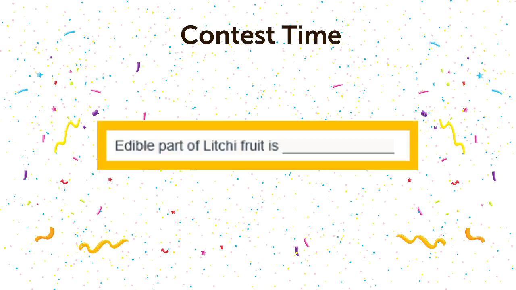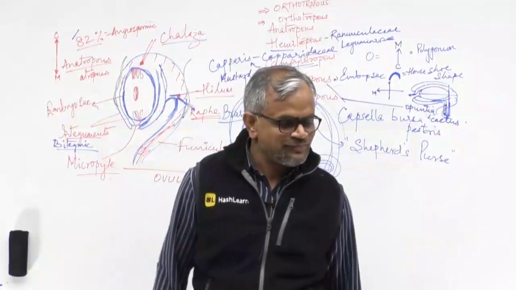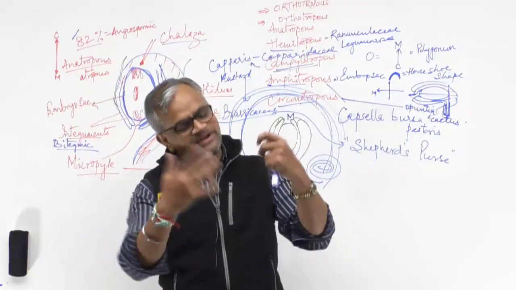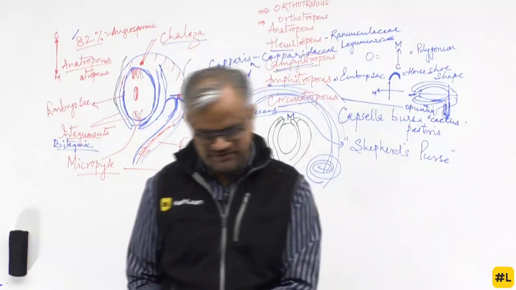I think somebody answered earlier. Okay, 30 seconds. 10, 9, 8, 7, 6, 5, 4, 3, 2, 1. Full stop. Good. I am happy at least so many people are answering.